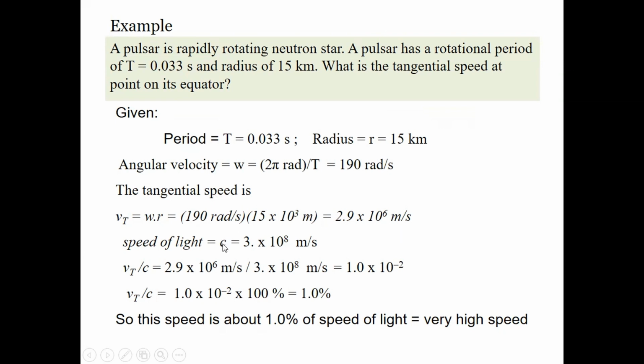We know very well that the speed of light is 3 times 10 to the power 8 meters per second. And if I divide this velocity, v_t, by c, I get about 1 times 10 to the power minus 2, which means that it is about 1% of the speed of light. So very high speed.